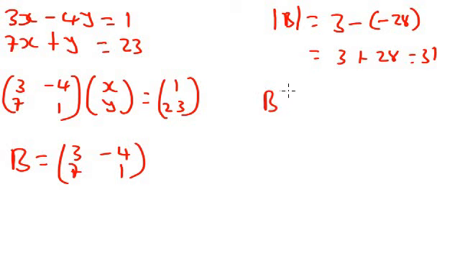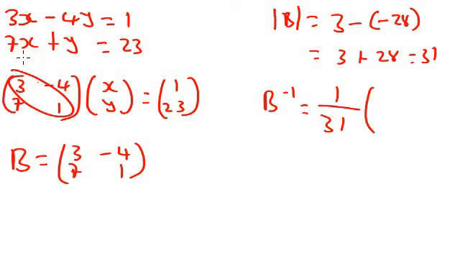So therefore, the inverse of b equals 1 over 31, which is the determinant of b, multiplied by the interchange of elements of the leading diagonal of matrix b, that's 1 and 3, and the negation of the elements in the other diagonal. That will be -7 and 4. How? We have negative here already. If we multiply by negative sign again, it becomes positive, while this becomes negative.